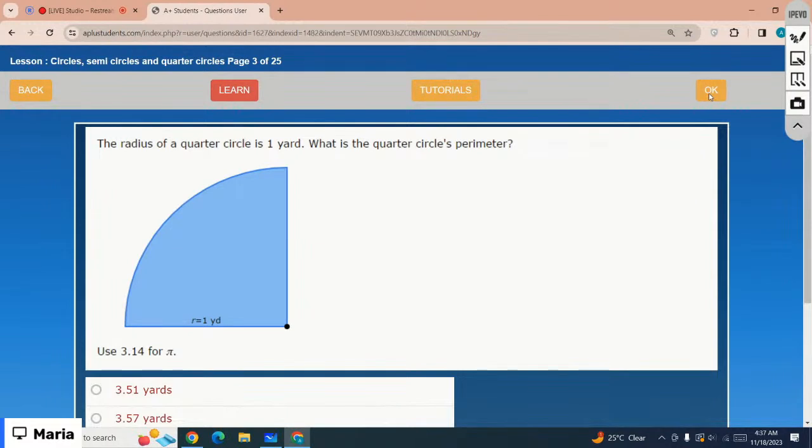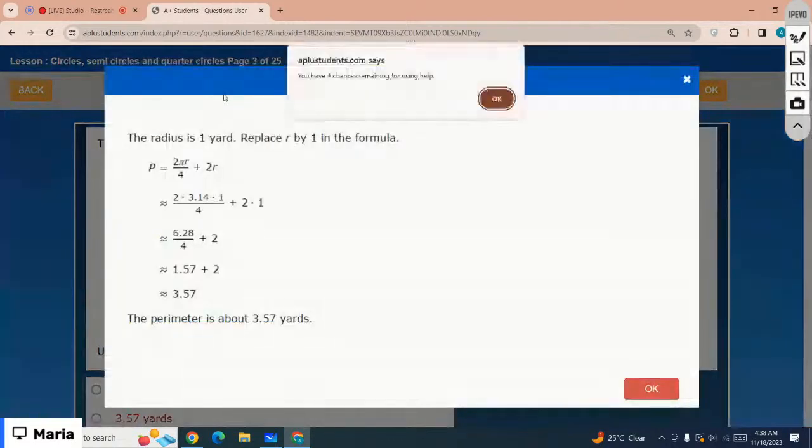You have to calculate the perimeter, right? Okay, I think that would be, yes, 2 pi r divided by 4 plus 2r, right?